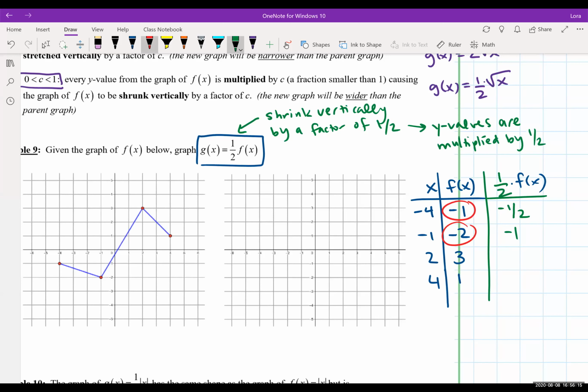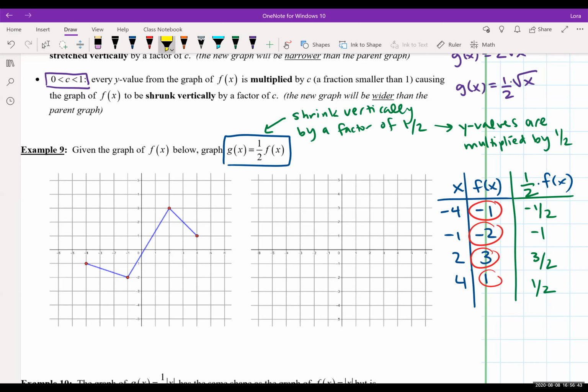What is 1/2 times 3? We can say 3/2. Write that in. And what is 1/2 times 1? It's positive 1/2. So you essentially have the ordered pairs of your new graph in this coordinate approach. We can draw those in automatically.